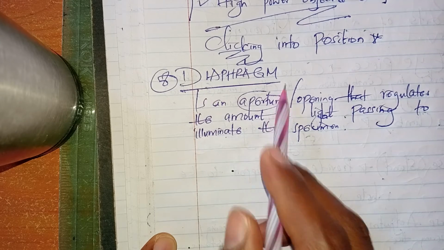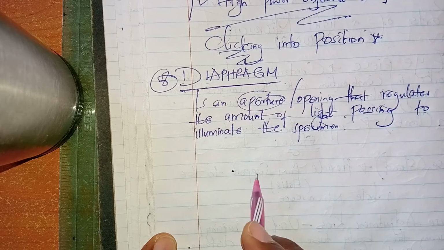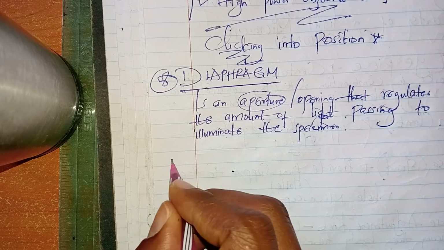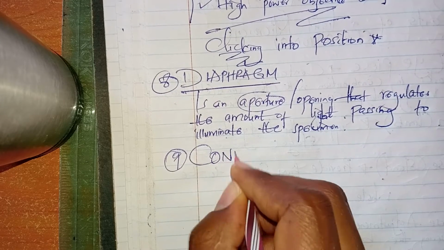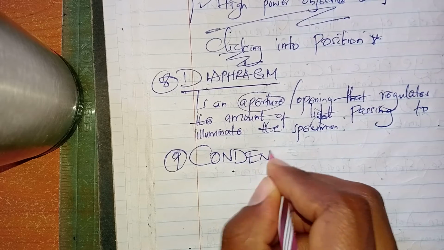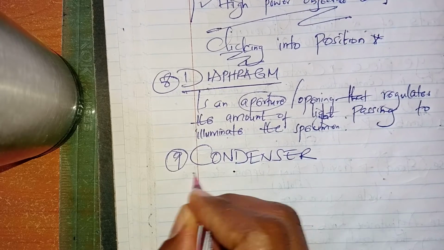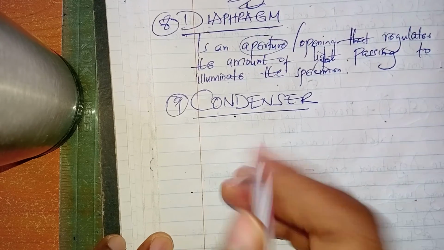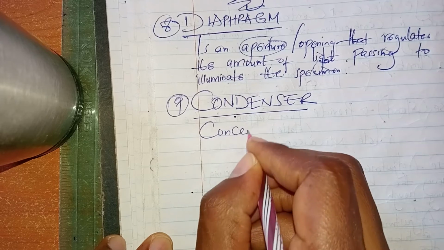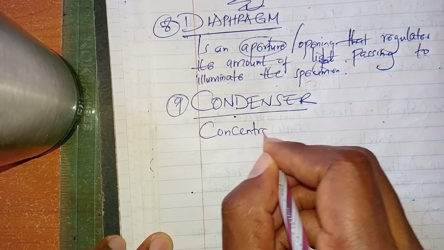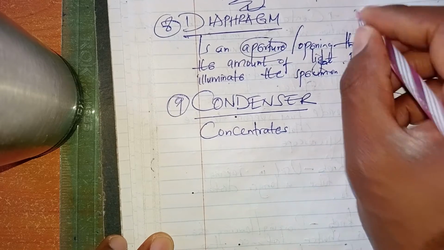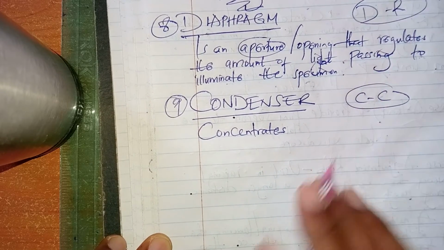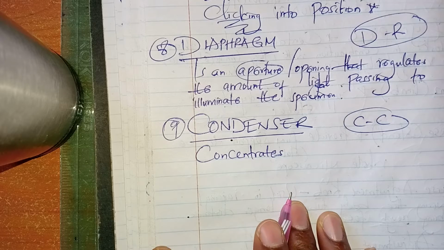So this light does not go direct to the specimen. It passes through some point we call number 9, condenser. A condenser concentrates, CC, condenser concentrates, but the diaphragm regulates, DR. That's a small formula for those who are interested.